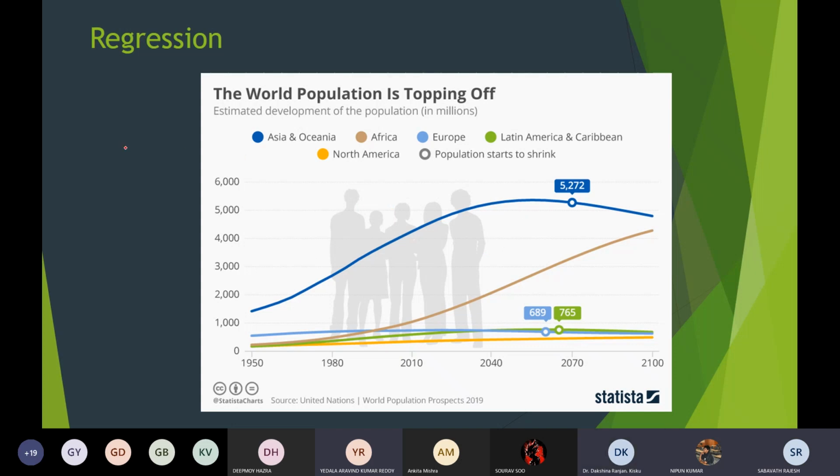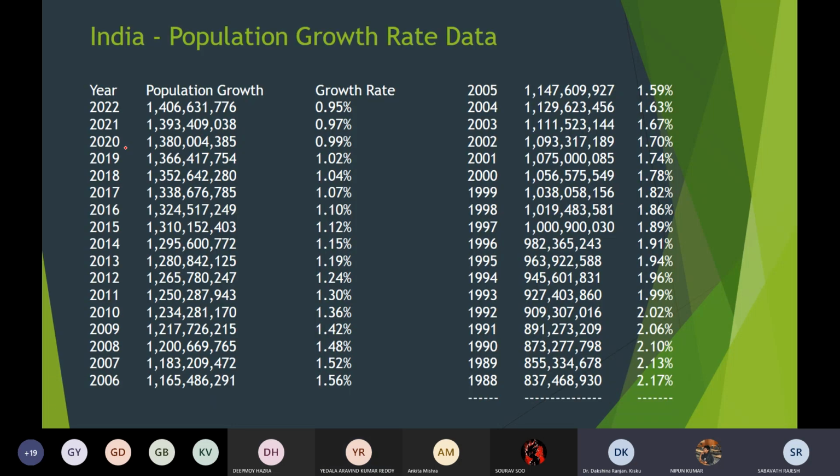Now, what are the different features that we can use to model this world population problem, or the population growth problem? If we consider a data set of Indian population growth data, we will see that for a particular year we are considering the population growth figure and the growth rate.